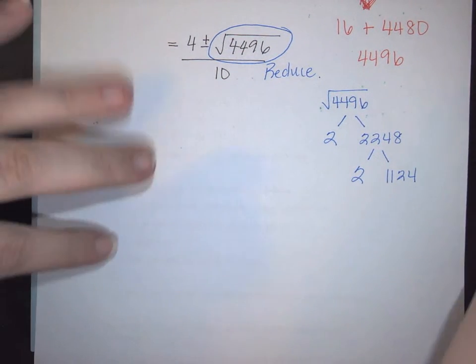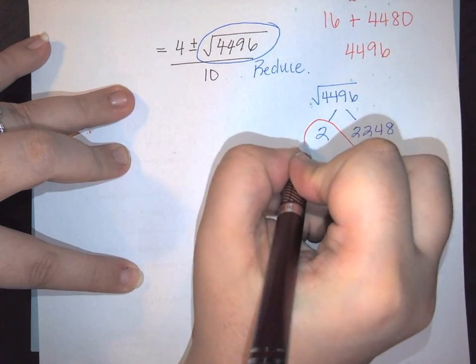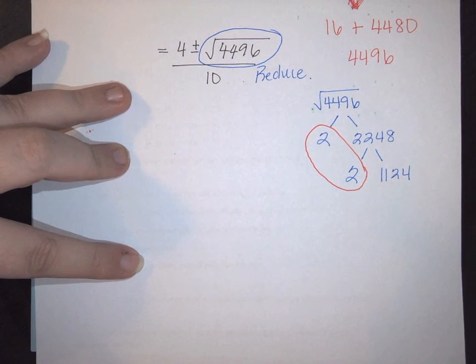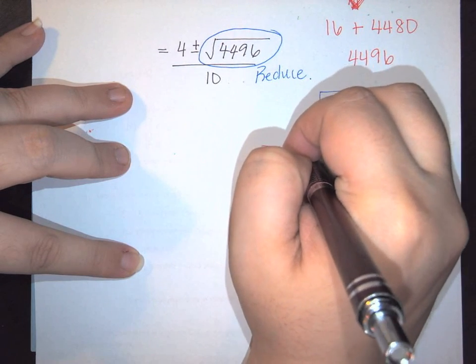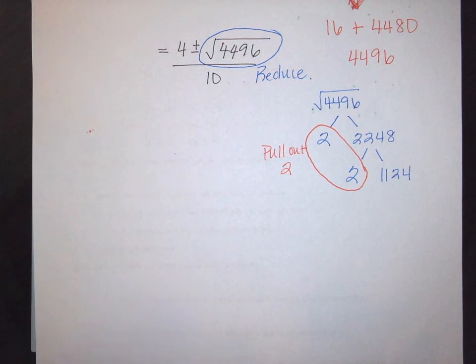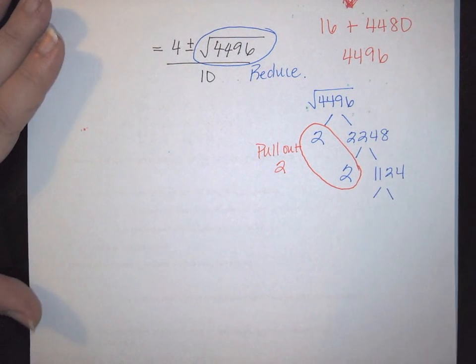Now, if I look very closely, you can see that right here I have a group of 2 identical terms. What this means is I can pull the 2 out of my radical. This 1124 can reduce further.